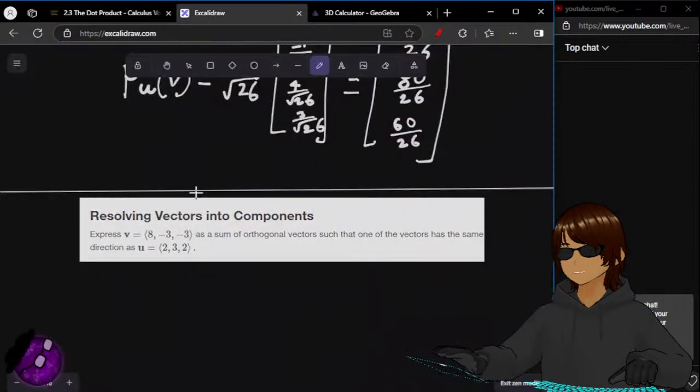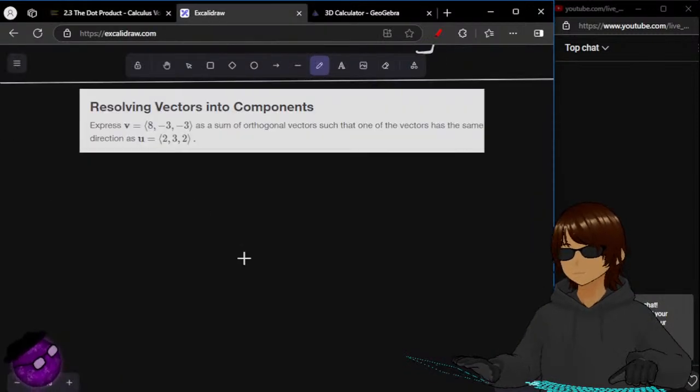This is 2.28. So, express V as the sum of orthogonal vectors such that one of the vectors has the same direction as U.